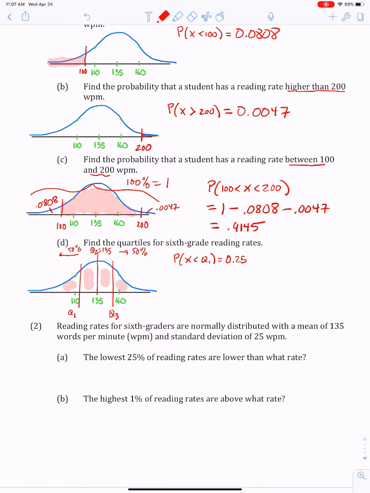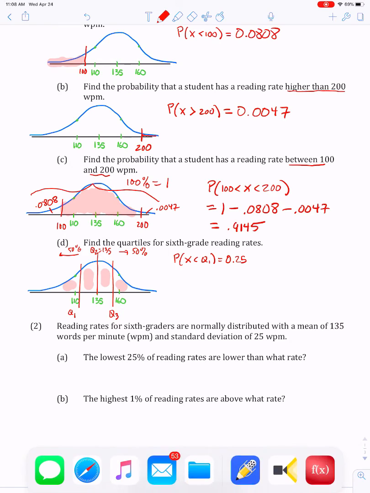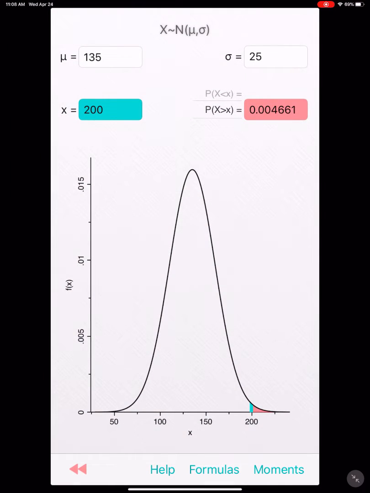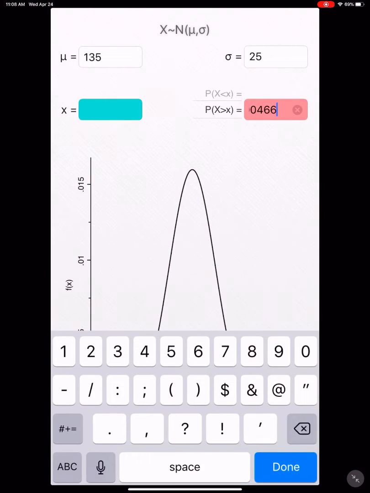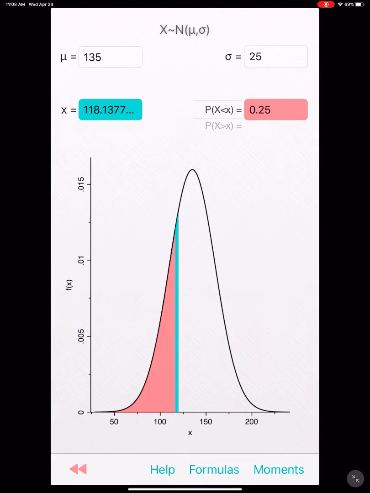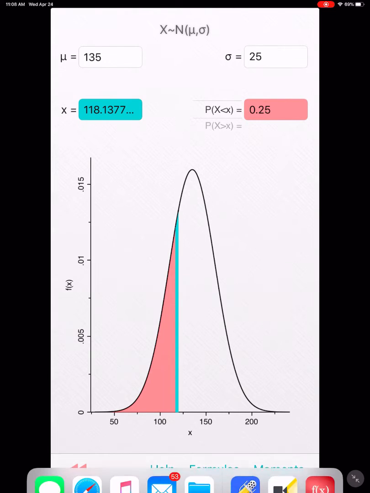Then the probability that x is less than whatever the first quartile is should be 0.25. So if I use the app for that, I'm going to change the probability to 0.25 and make it less than, and it gives me the x value. That x value, 118.1, we'll call it 118.1, that's the first quartile.